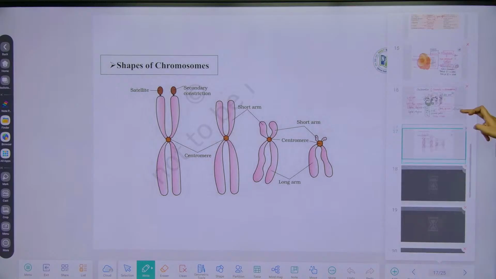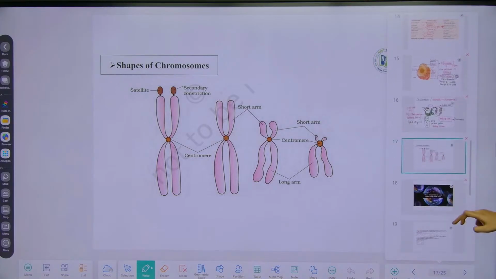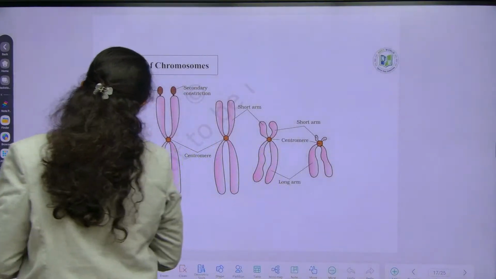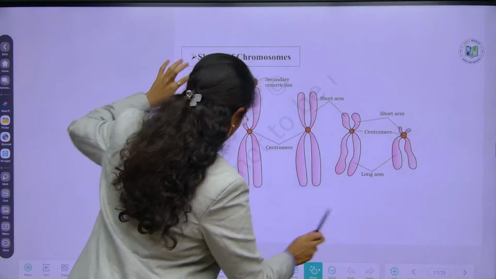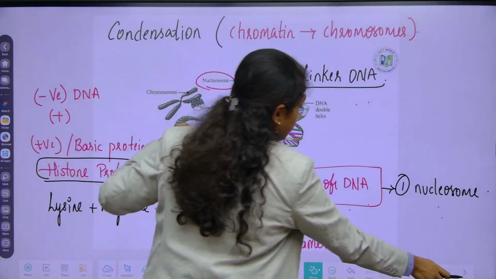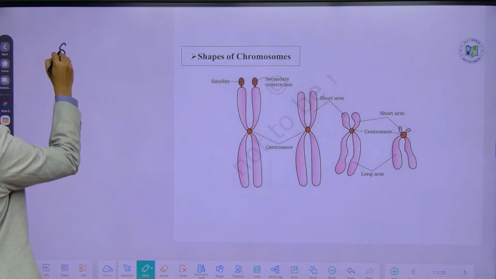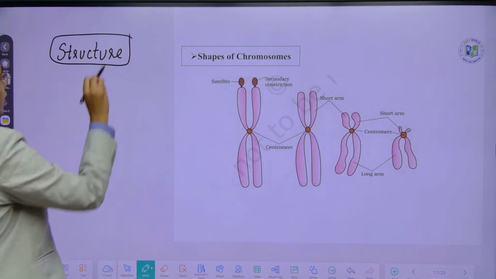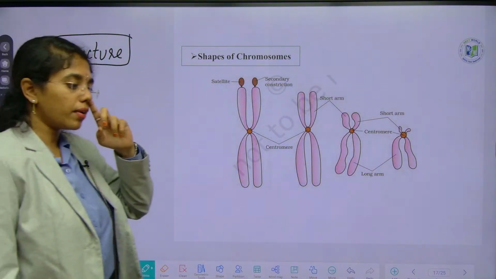Now, we have to learn the structure of the chromosome. First we will see the structure. Can you name or recall the phases of karyokinesis? Sit straight everyone.